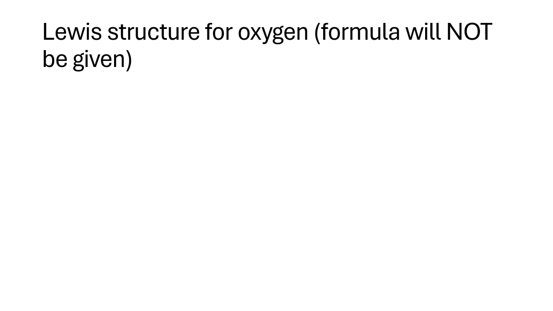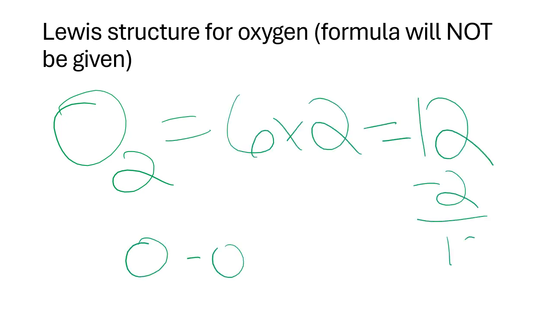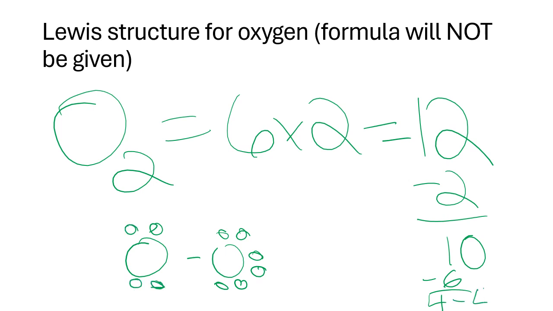Lewis structure for oxygen. Formula will not be given. That is because oxygen's a diatomic. 6 times 2, that's 12. Oxygen, bond them together, minus 2, we got 10. Again, I think making one side happy first is easier than trying to even them out. So we got 0, but we used up all 12 valence electrons.